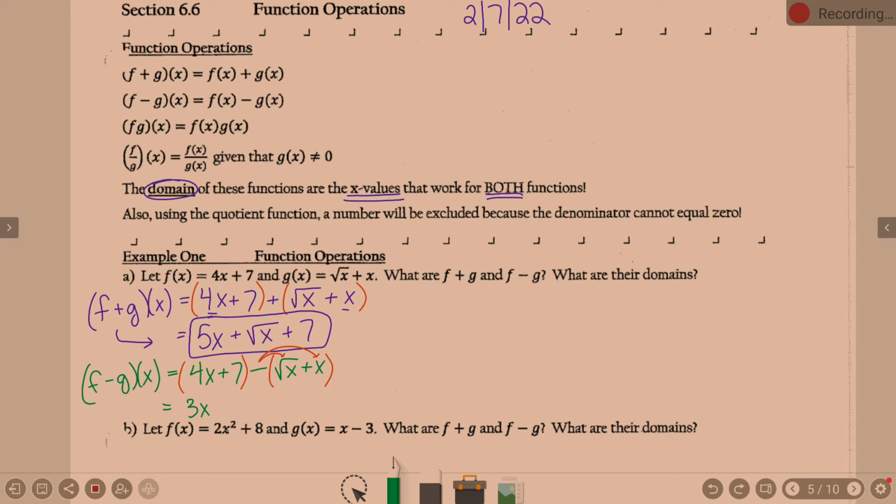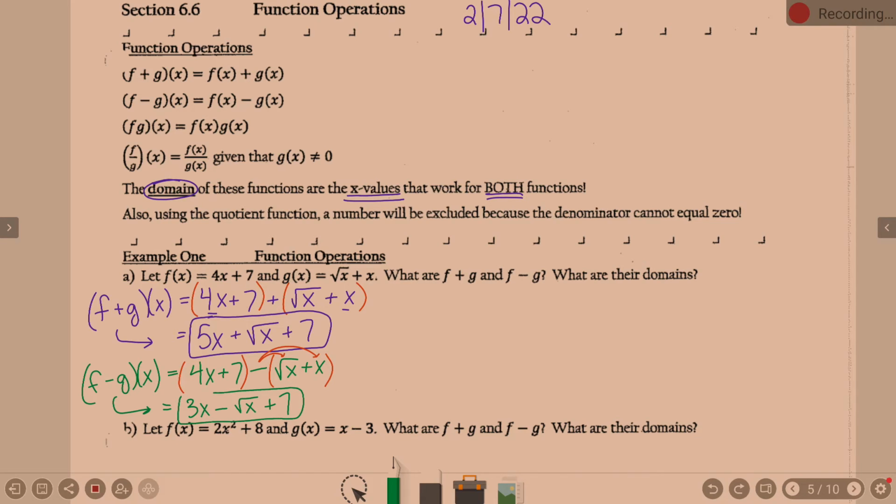What about your other pieces? You still have a plus 7, yes? And you have a square root of x. What's the catch with the square root of x, though? You're subtracting that square root of x. So this time when I write it, I'm not subtracting it from anything, but still I'm subtracting it, so I'm going to have a minus square root of x, but still a plus 7.